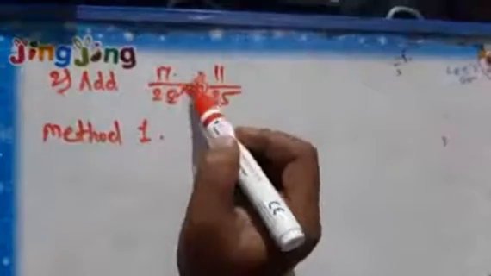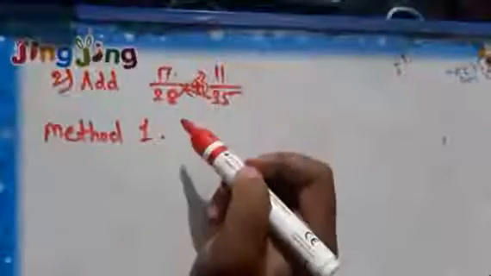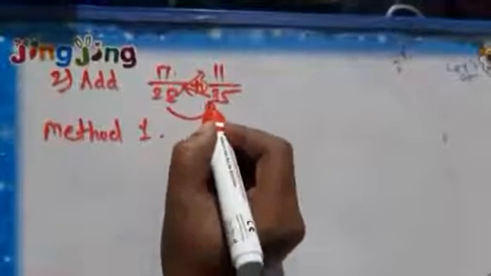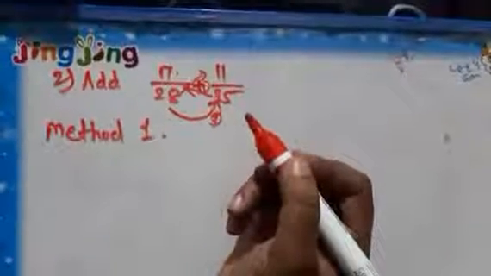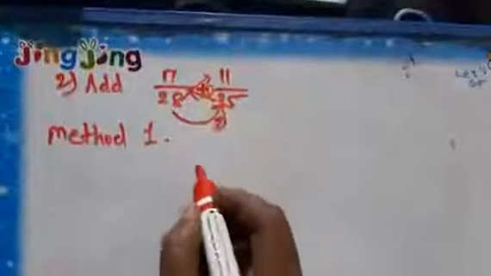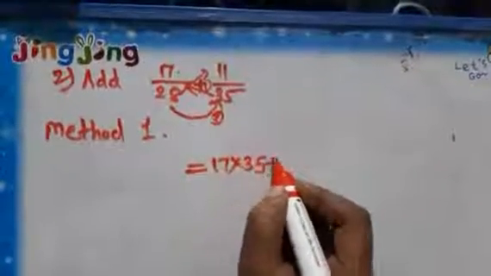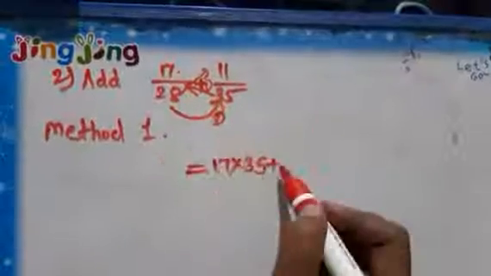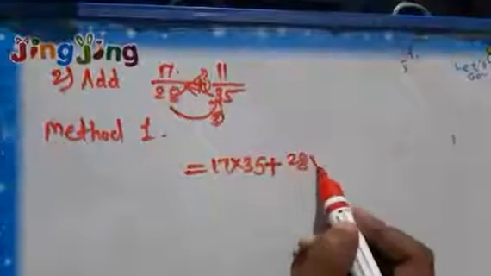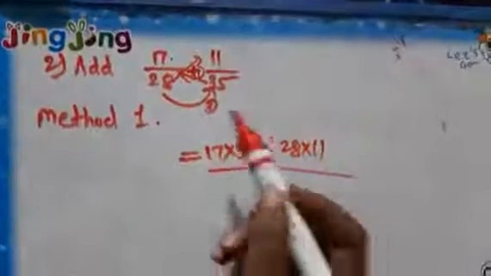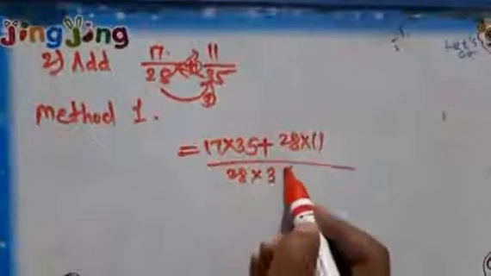The second step is the denominator of the first and the numerator of the second, their multiplication. And the third step is multiplication of the denominators of both numbers. So how do we do this? It will be like this: 17 into 35 first step, plus second step 28 into 11, this whole divided by third step 28 into 35.